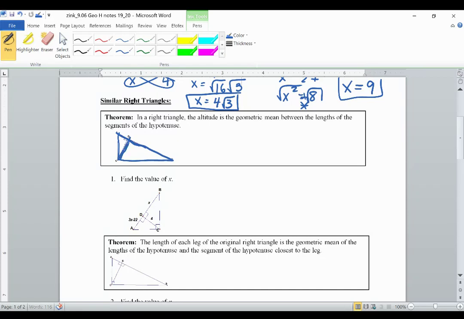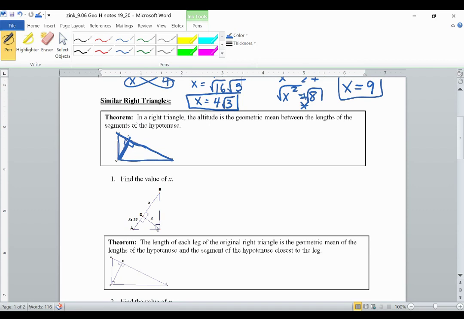Really, you're looking for two small right triangles inside of your large right triangle. Seeing that picture on a question needs to trigger your mind to think of what we call PAP and help.